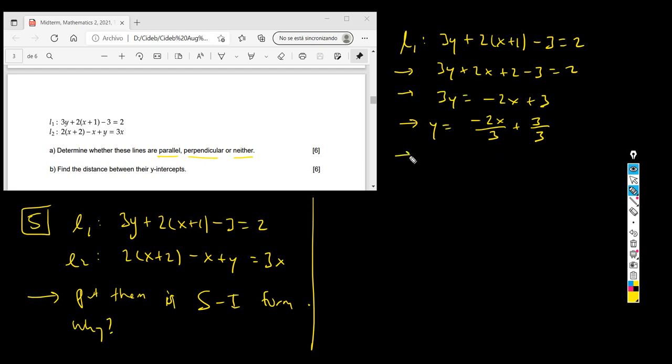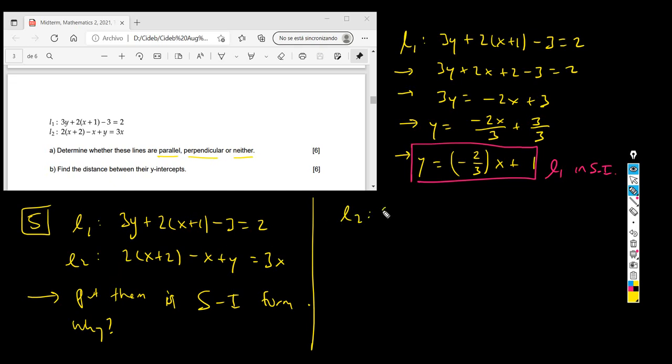And this is what you get. And finally, it can be written in such a way: minus 2/3 times x plus 3 over 3 is 1. So this is line 1 in slope intercept form. And I will do the same for line number 2.